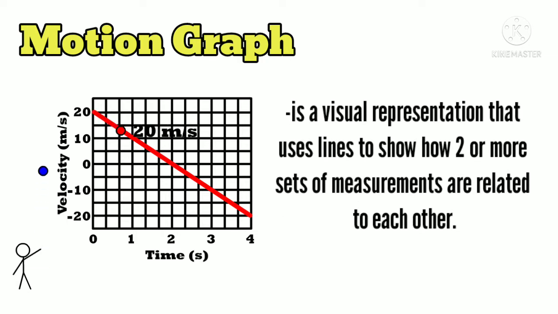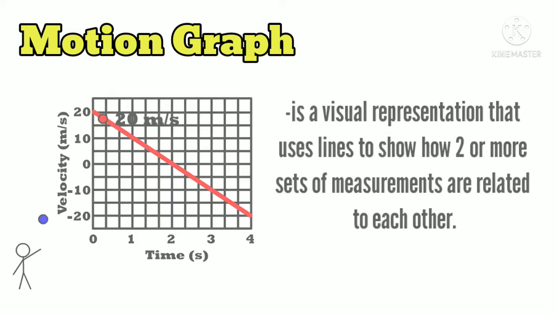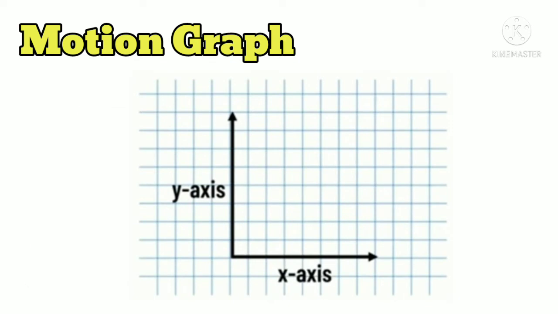A motion graph is a visual representation that uses lines to show how two or more sets of measurements are related to each other. In this video, we are going to use lines in two axes, the x-axis and the y-axis. To make sure that the information is properly represented in a graph, graphing paper is usually used.